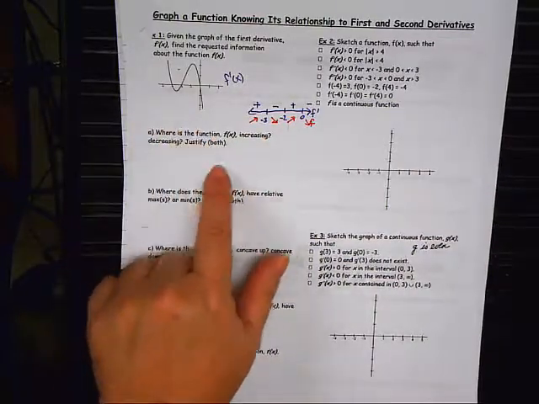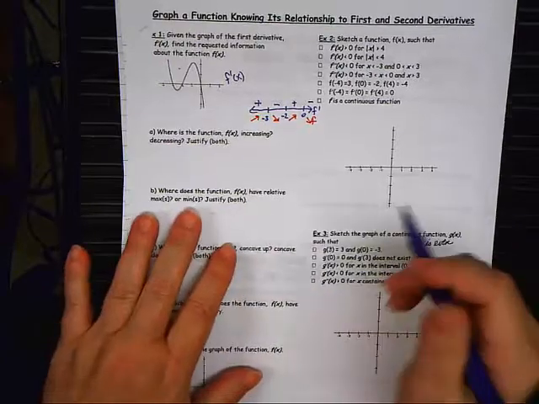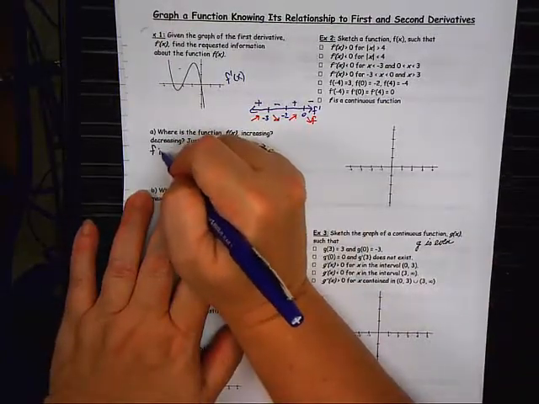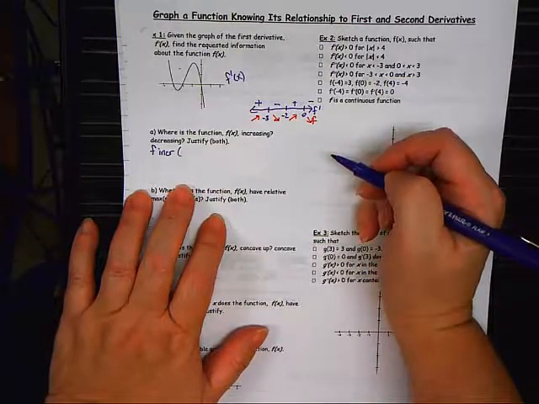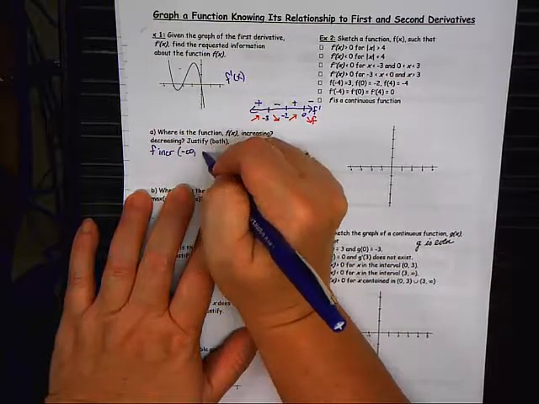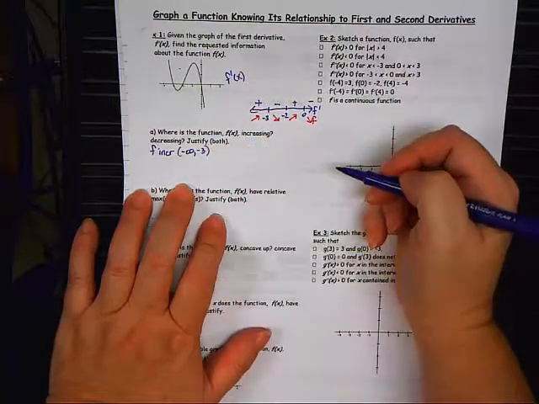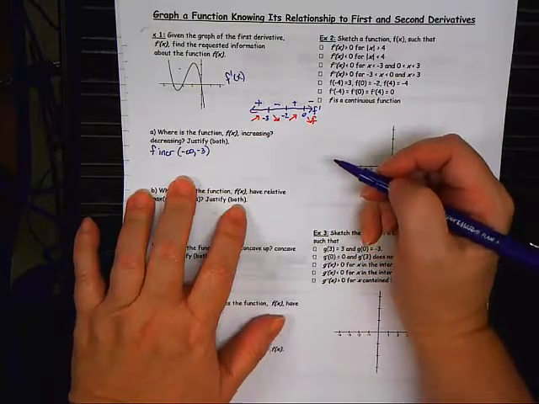So now I can answer question A. Where is f increasing? So f increases from where to where? What's my first interval? Negative infinity to negative 3. You can put the union symbol if you want to. I'm not going to just because of space issues.